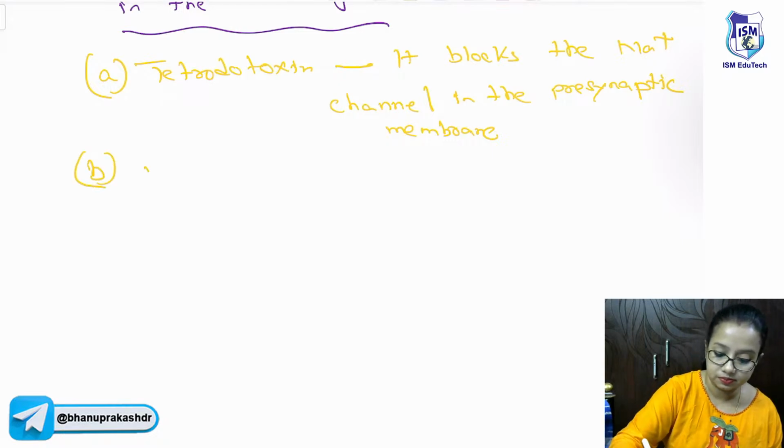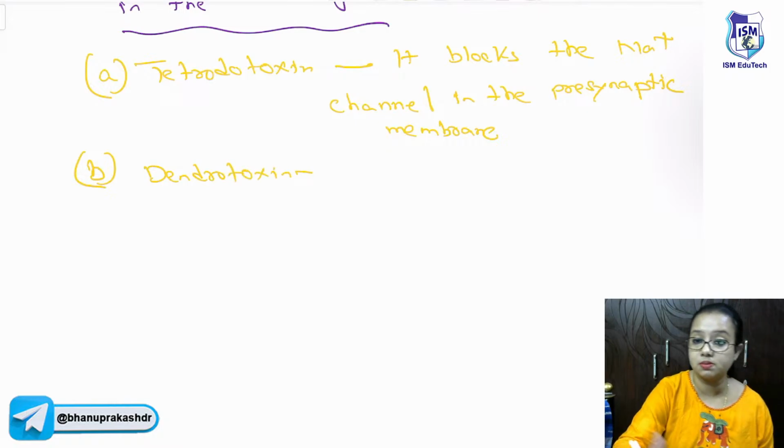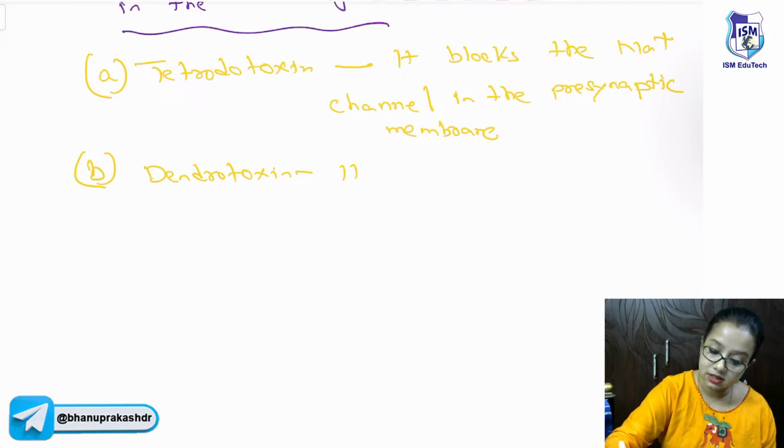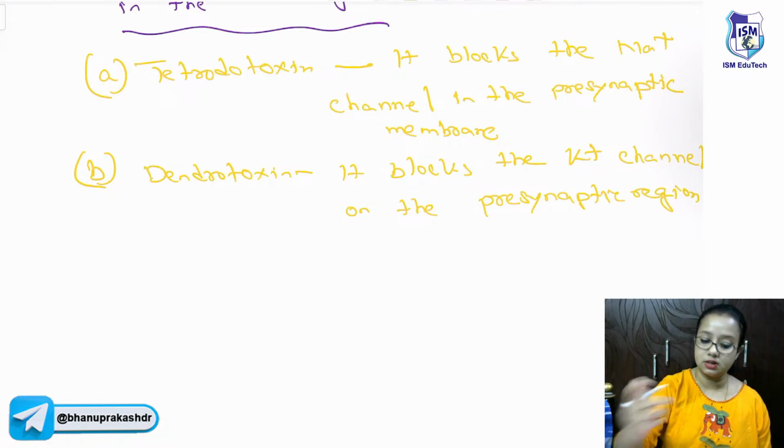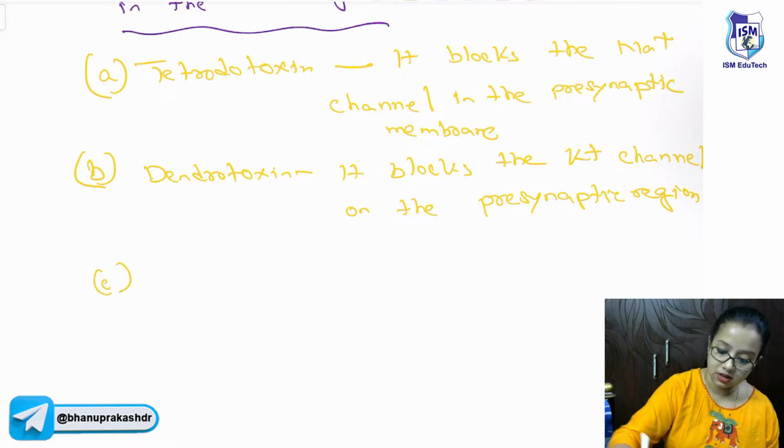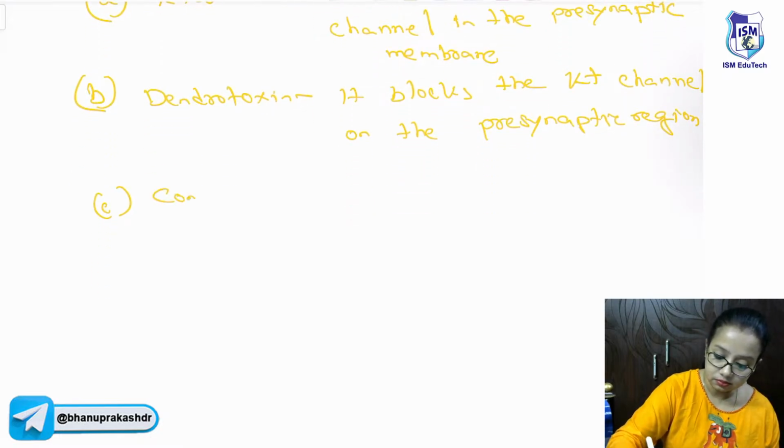Second, we have dendrotoxin. This is a toxic substance from the mamba snake. What it does is block the potassium channel on the presynaptic region, that is on the axon terminal. Next we have conotoxin.